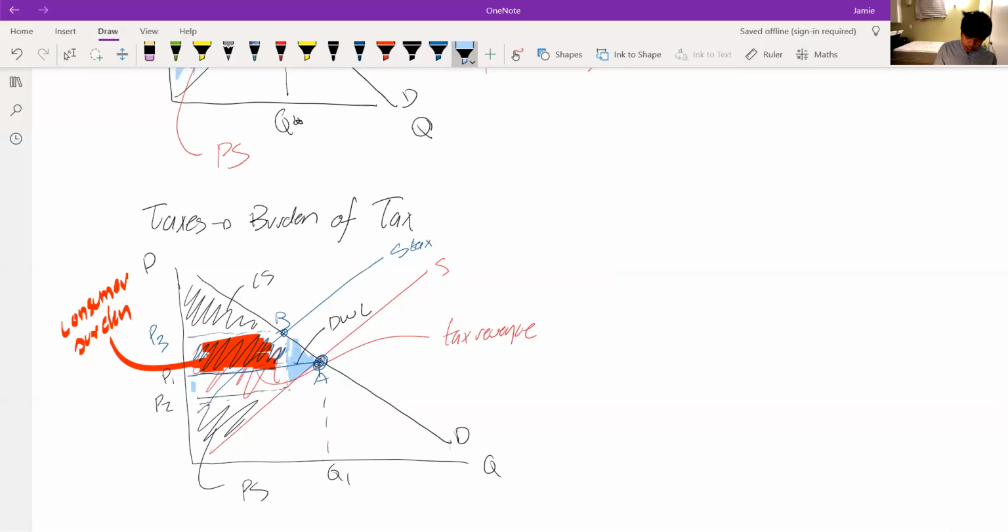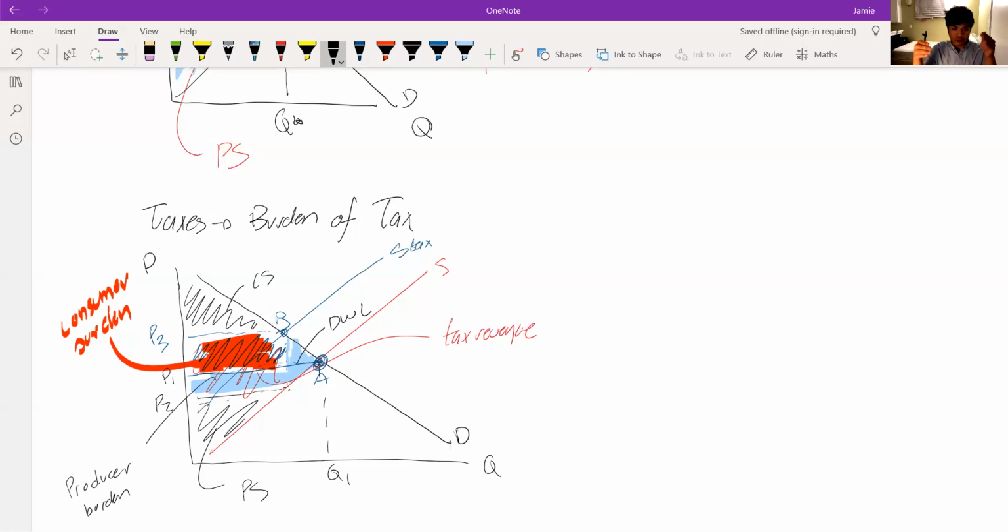And then right over here, this is your producer burden. So that's what we call the burden of the tax.